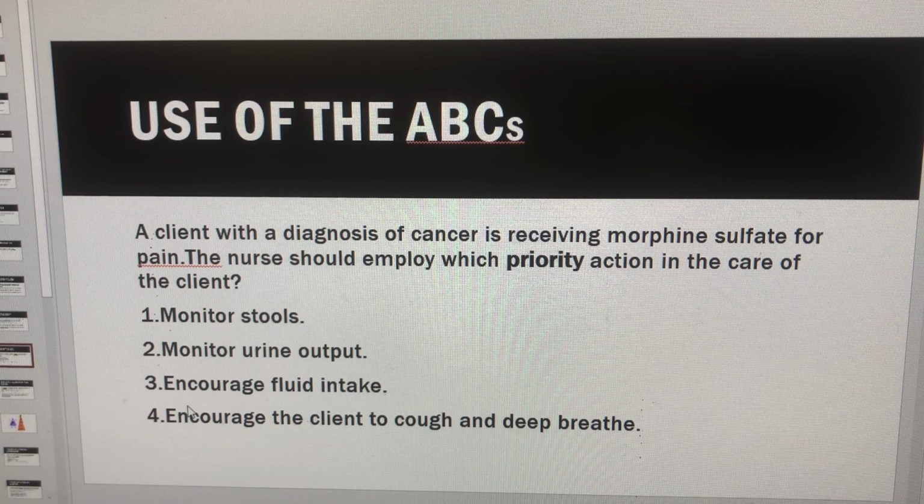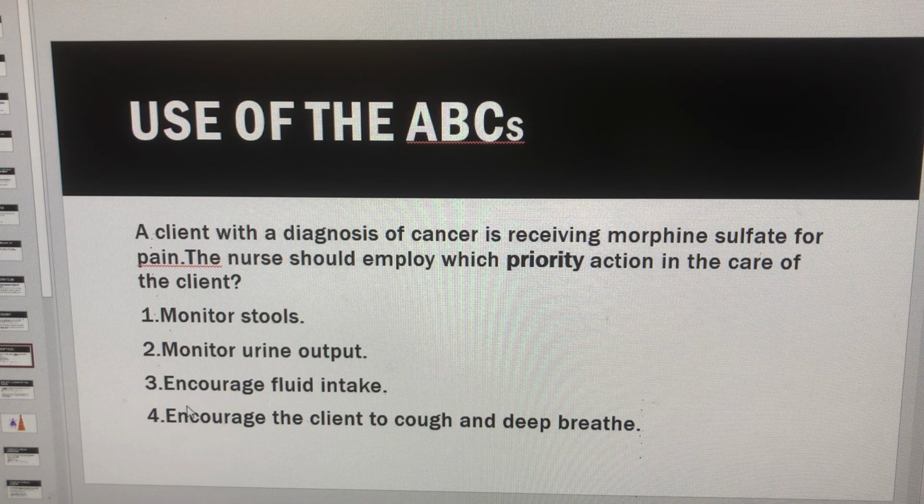Recall that morphine sulfate suppresses the cough reflex and the respiratory reflex, and a common adverse effect is respiratory depression. Coughing and deep breathing can assist with ensuring adequate oxygenation, since the number of respirations per minute can potentially be decreased in a client receiving this medication.